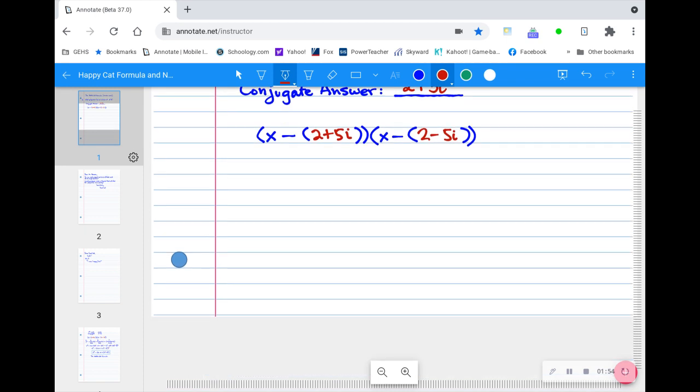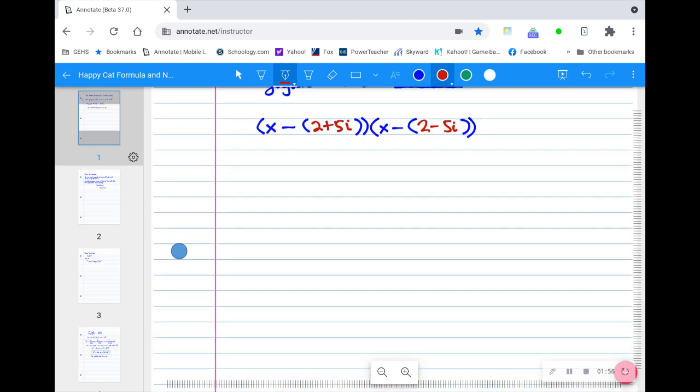Now there's going to be some really tedious work here, and this eventually is what we're going to be trying to avoid. First times first is going to give x squared. The outside one is going to give minus x times 2 minus 5i.